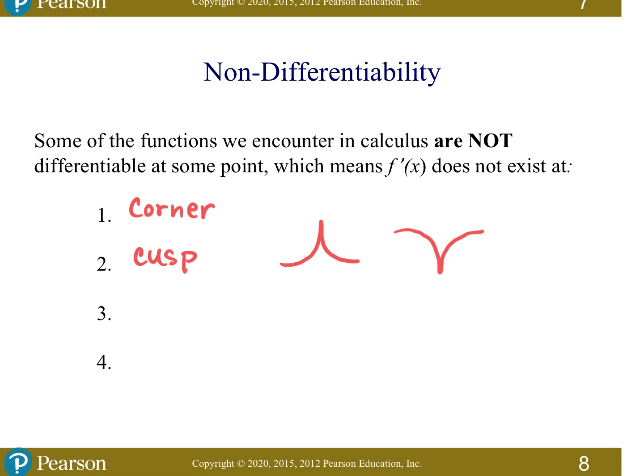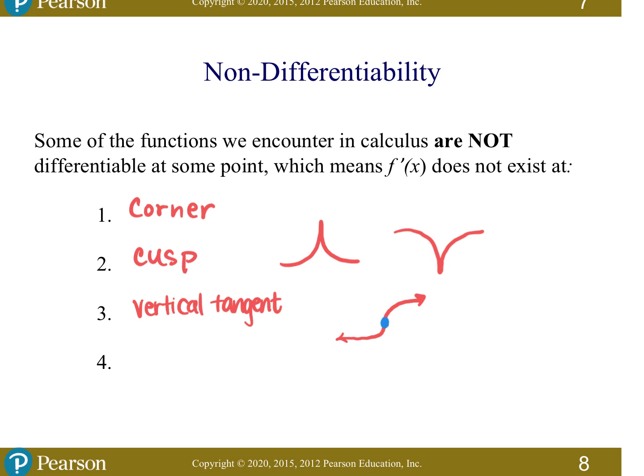Okay. The third one is called a vertical tangent, which is different than a horizontal tangent. It's a vertical tangent. So a vertical tangent looks like this. Okay, and the problem is always right about here.